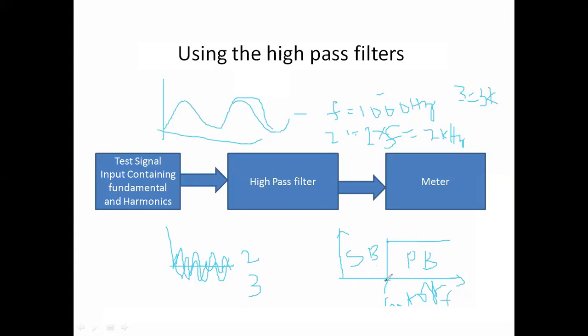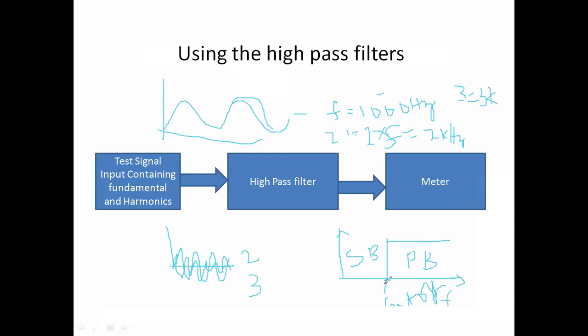Okay, suppose we choose a cutoff frequency of the high pass filter in such a way that it allows all the harmonic distorted frequency components and stops the fundamental frequency.